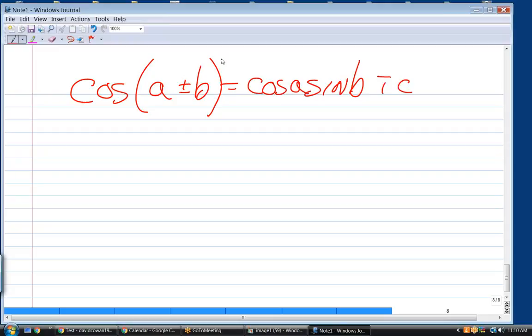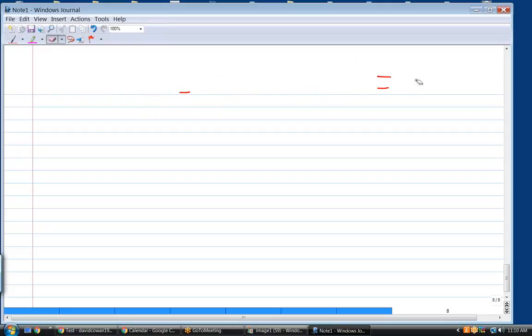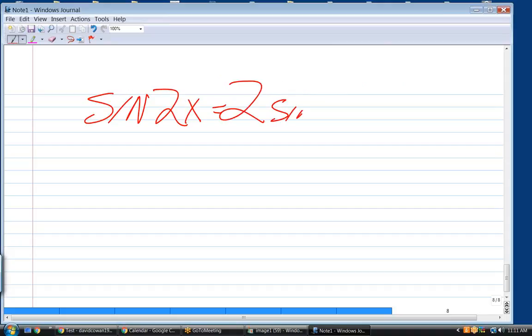No. Okay, let's not get to those yet then. There's also double angle. In other words, the sine of 2x is equal to 2 sine x cosine x.